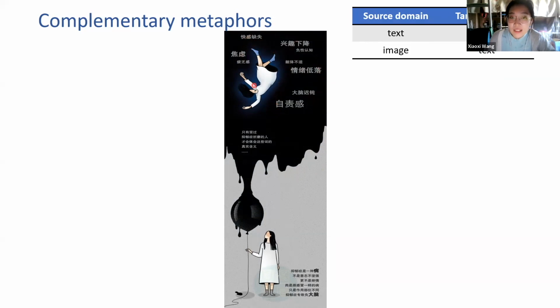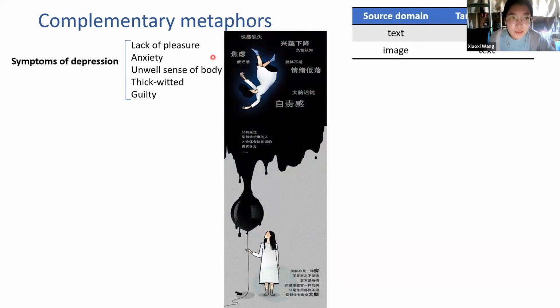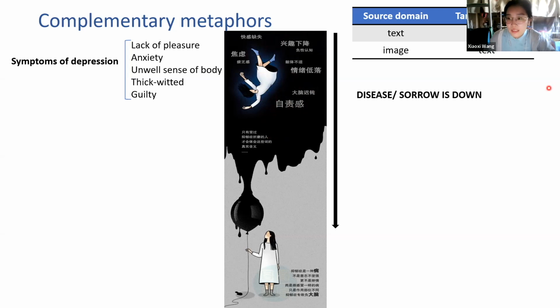And you can see here that the girl is still falling down. And those symptoms are lack of pleasure, anxiety, unwell sense of body, and thick-witted and guilty. Those words are surrounding the girl and falling down with her. So our first metaphor comes out: disease or sorrow is down.